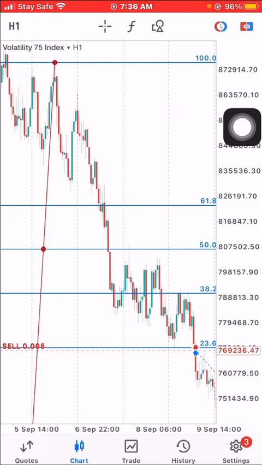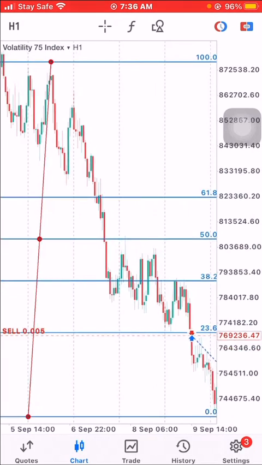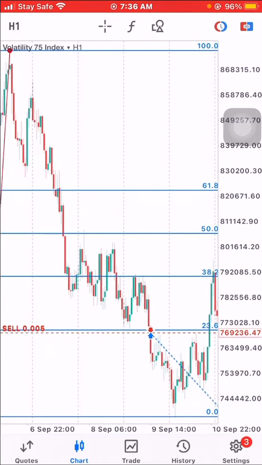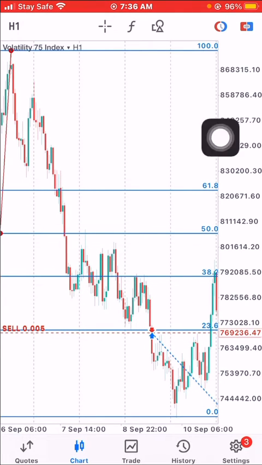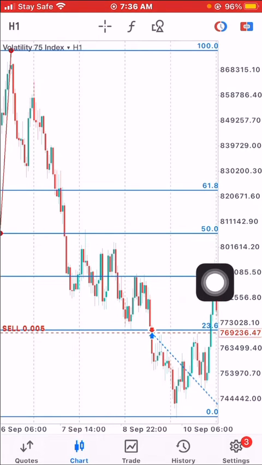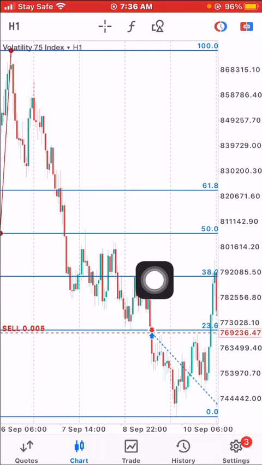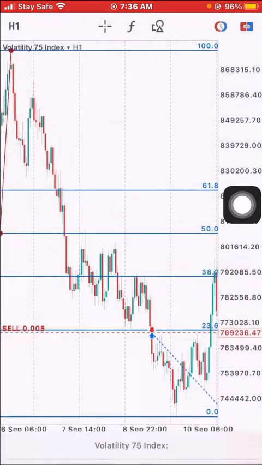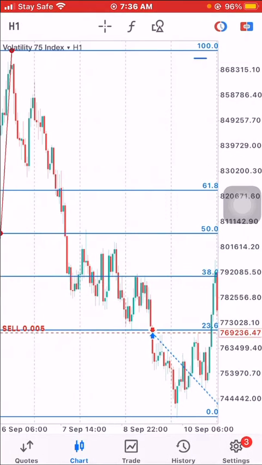So let me tell you what we mean by adding confluence. Basically, looking at this structure here, after this break to a new low, the market came back to retrace towards that previous resistance, which aligns with the 38% retracement level. You can see, apart from the Fibonacci retracement, now we have another confluence.